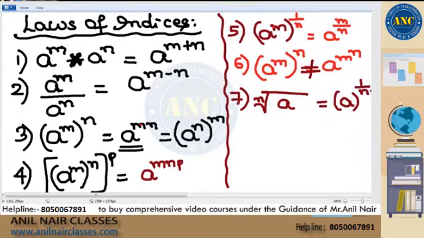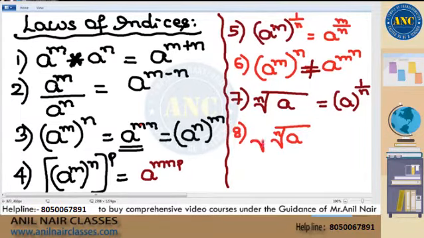For example, the square root of a is a power 1 by 2. The fourth root of a is a power 1 by 4, and the same logic follows.